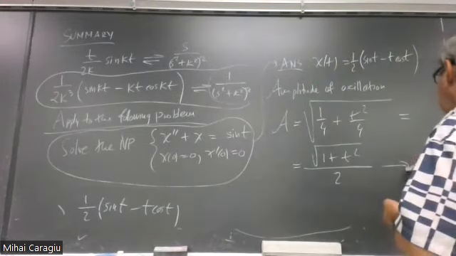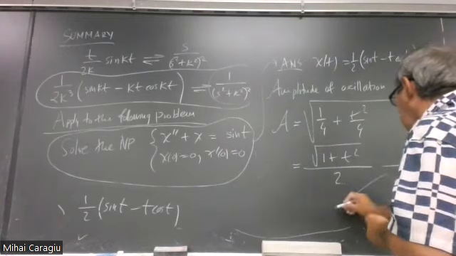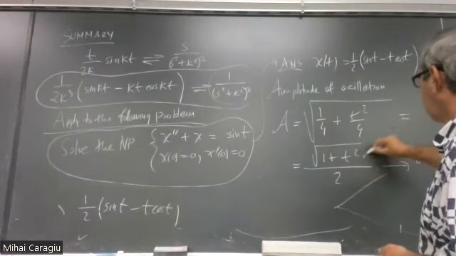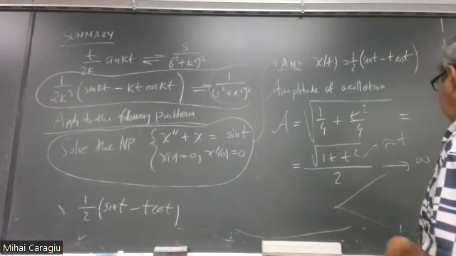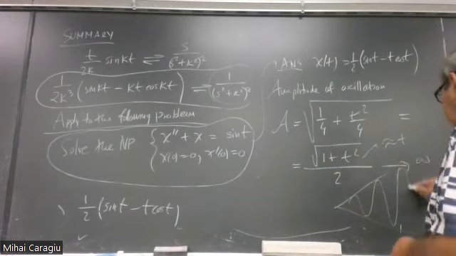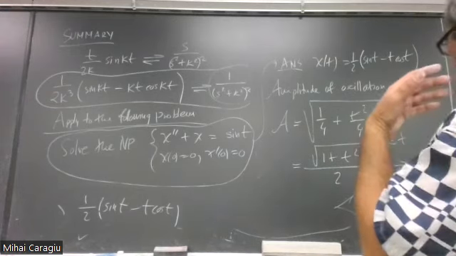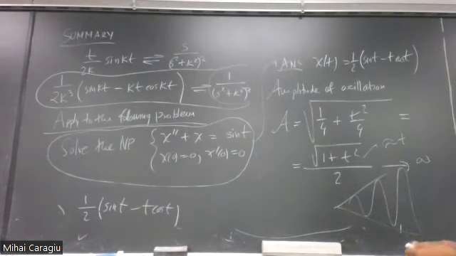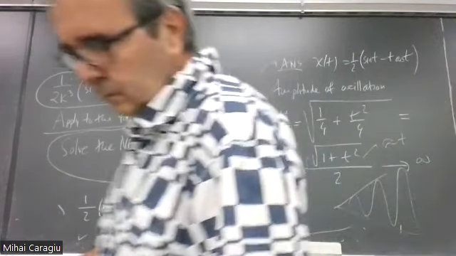And this goes to infinity. So our amplitude, give or take, increases pretty much linearly, because it's approximately proportional to t, right? So that's what we expect: an oscillation that becomes bigger and bigger and bigger. That's the phenomenon of resonance. Okay.